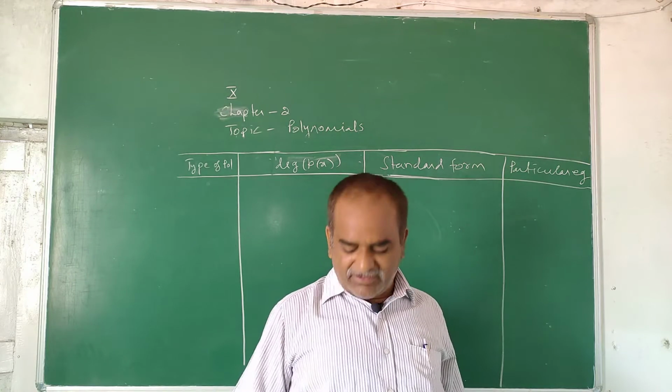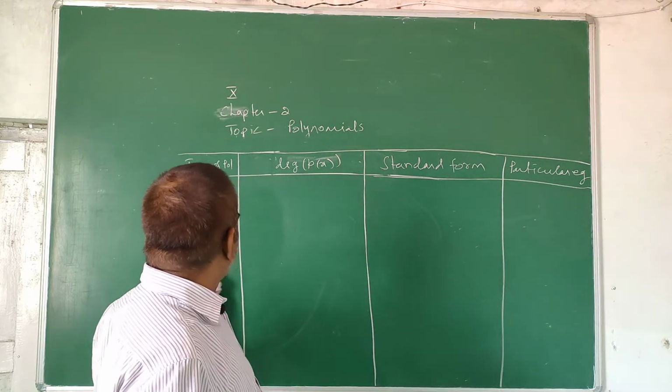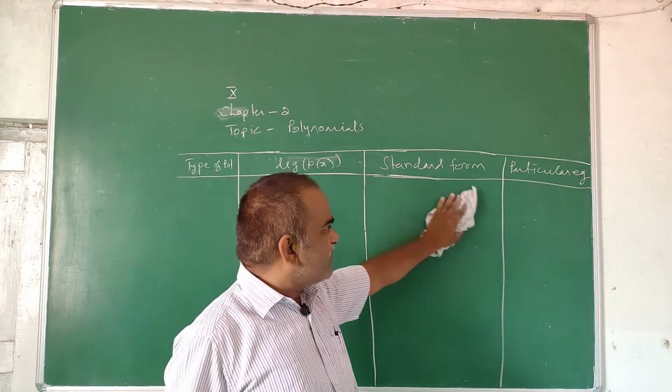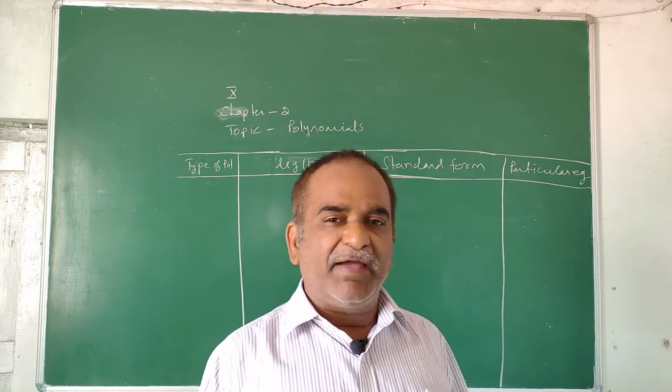So this table gives you clear information about various types of polynomials, their degrees and the standard form, and a good particular example if you take, you can easily compare.